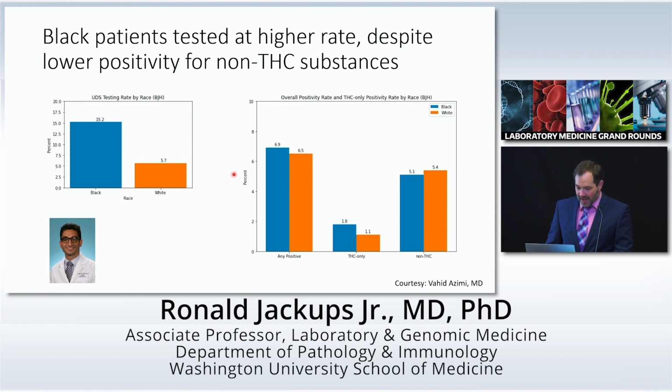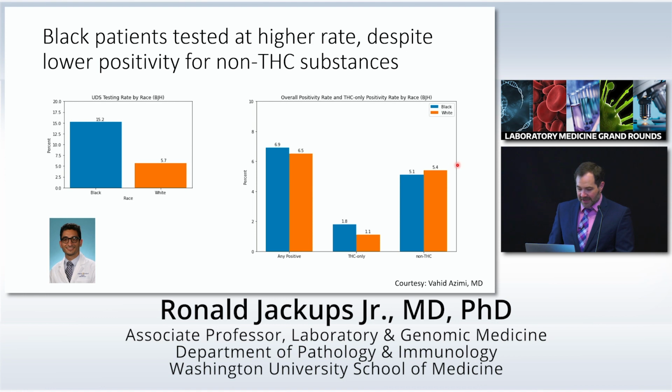But what was even more fascinating was if you broke this out by the drug tests that were positive for THC and only THC versus the results that were positive for something else, you can see that yes, there is a higher positivity rate for THC in black mothers, but when you look at the other drugs, it's actually slightly higher or essentially even between the races.